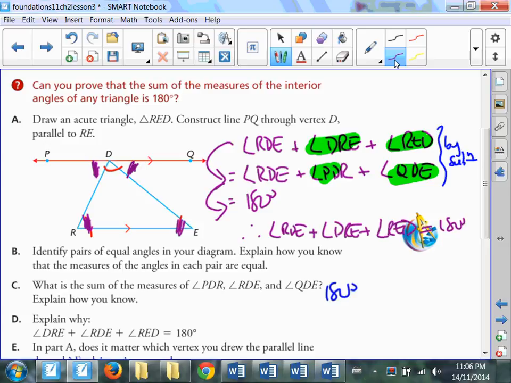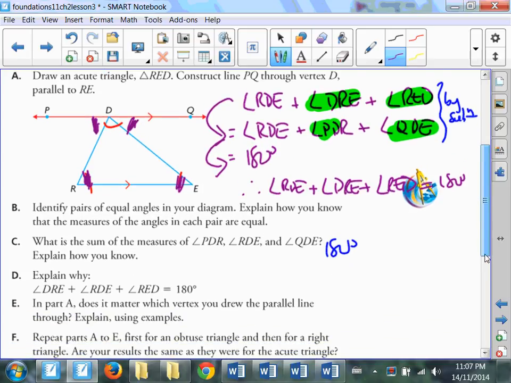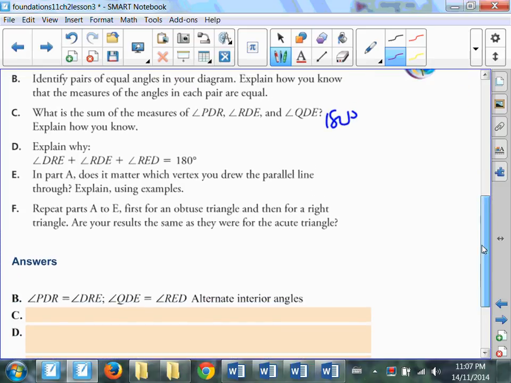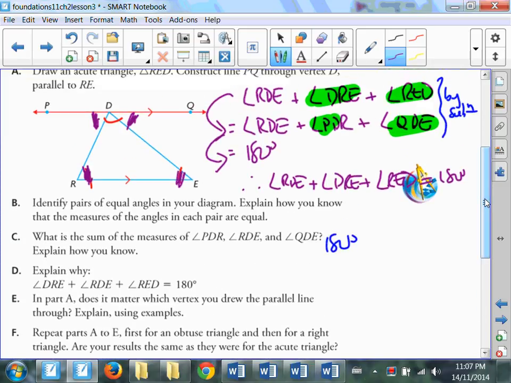So we use that substitution using the alternate interior angle theorem and the fact that we already established that those three angles added up to 180 because they're across a straight line. Okay? In part A, it doesn't matter which vertex you draw the parallel line through.